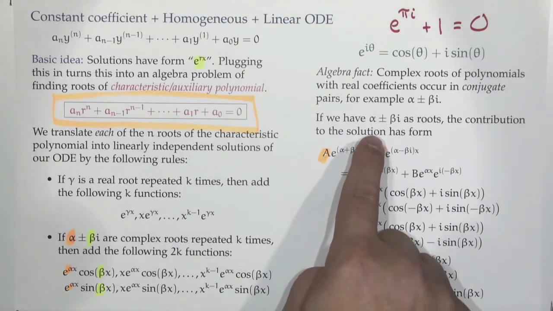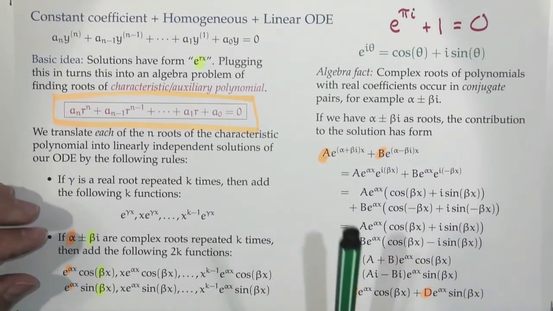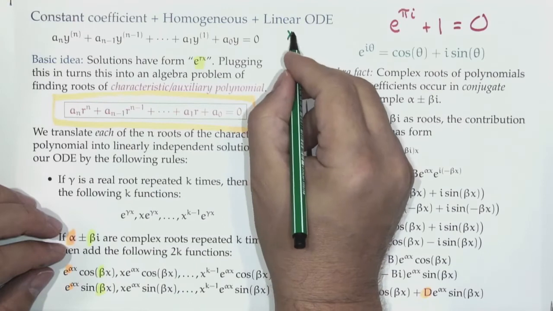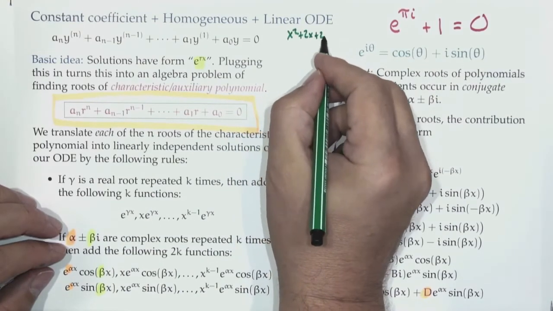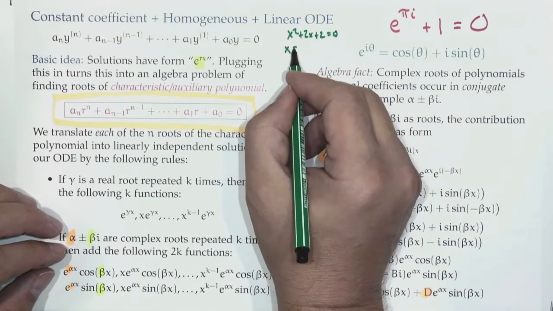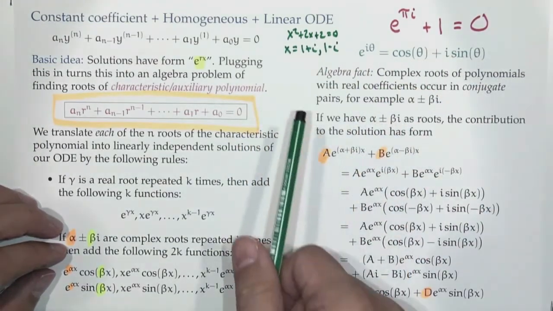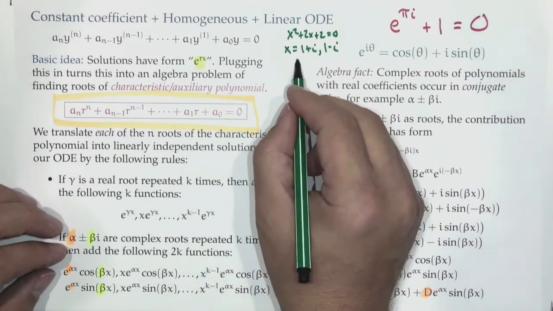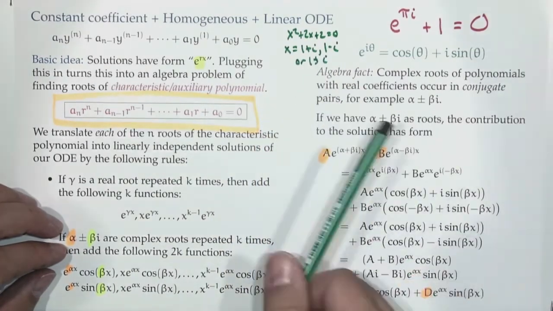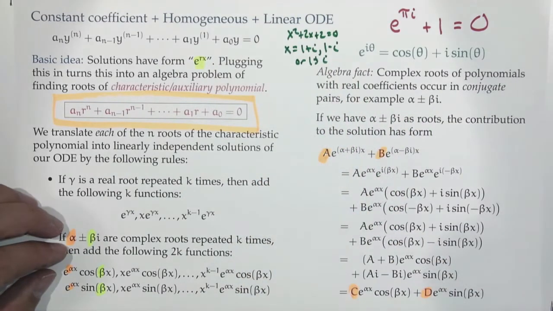So you might have something like x squared plus 2x plus 2. That's a polynomial. Of course, people believe me when I say x squared plus 2x plus 2 is a polynomial. And if you set that equal to 0, your roots will turn out to be 1 plus i, 1 minus i. So in this case, we would just say, that's 1 plus or minus i, and then alpha would be 1, and beta would be 1. Okay.